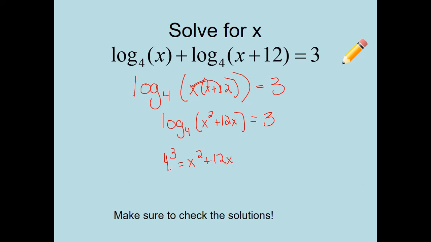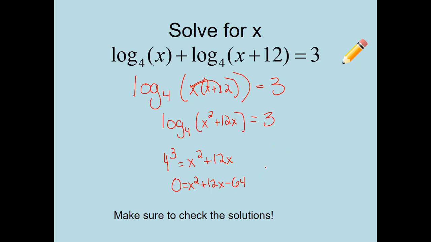Well, 4 cubed, that's 64. If I move that to the other side, I get x squared plus 12x minus 64. So I need to think of two numbers that multiply together to give me 64, but add together to give me 12. Four times 16 is 64, and that adds together to give me 12.